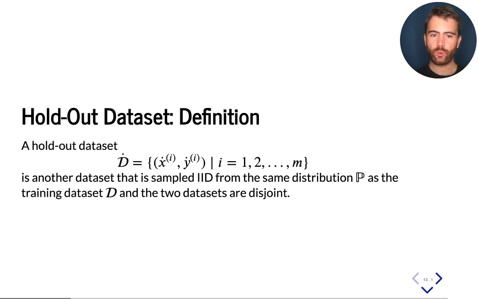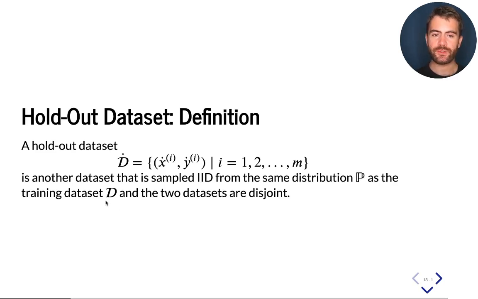So we have worked so far with a training data set, but it is also useful to define a second data set that has the same structure as our training data set, meaning that it consists of pairs of x and y. This data set also consists of IID samples from the same distribution P as the training data set.